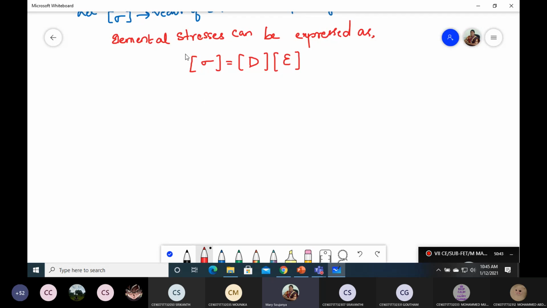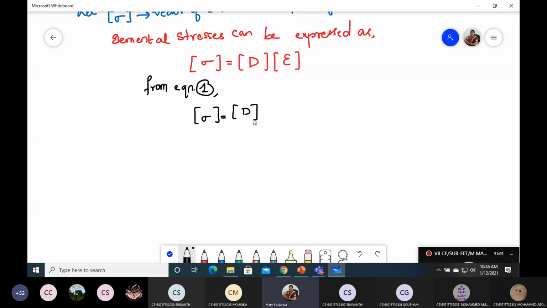Now considering this, from equation 1, we have epsilon. So just write that epsilon here.